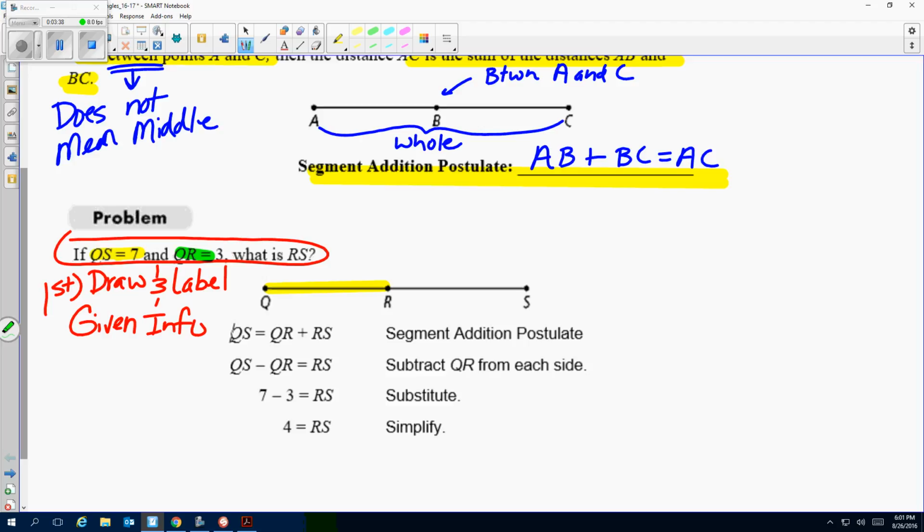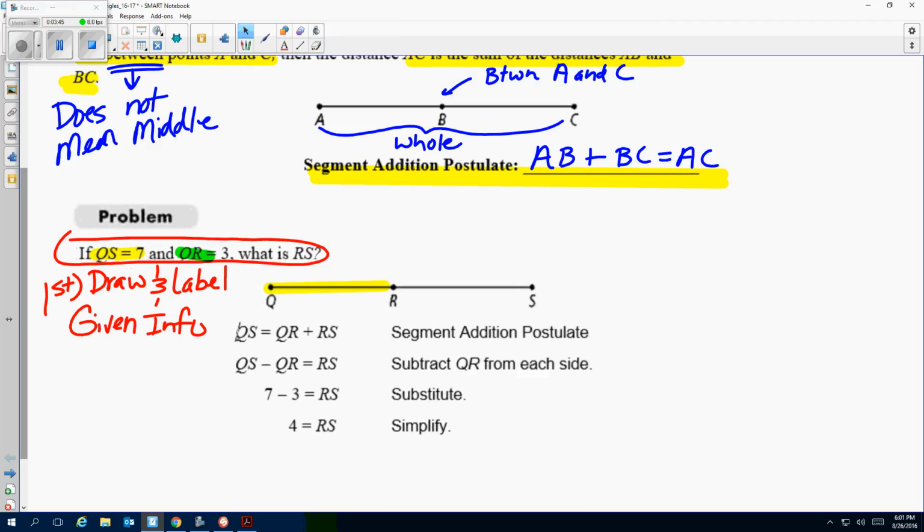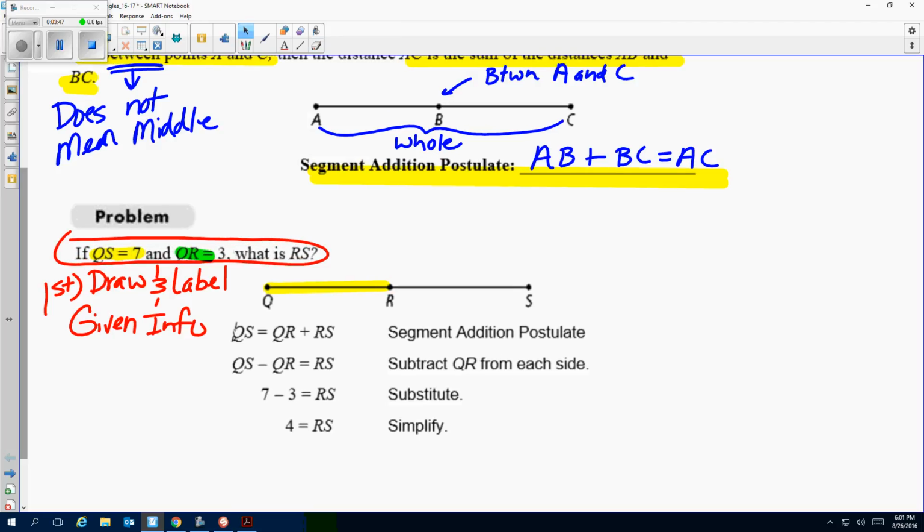Oh, I just realized what I did. I labeled the first one wrong. That's the bad thing about videos, I don't hear the feedback sometimes. So we're going to have to fix that, because that's not QS. That's my fault.